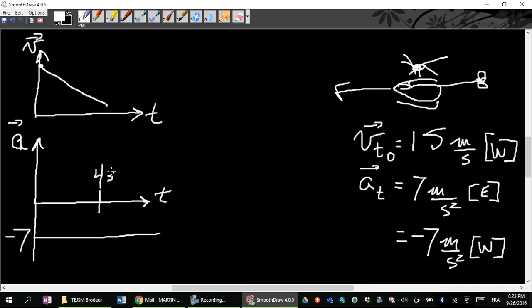After 4 seconds, that's an S. Okay, so basically, we just try to go backwards using the area, and it's going to tell us the velocity that we will be left with.